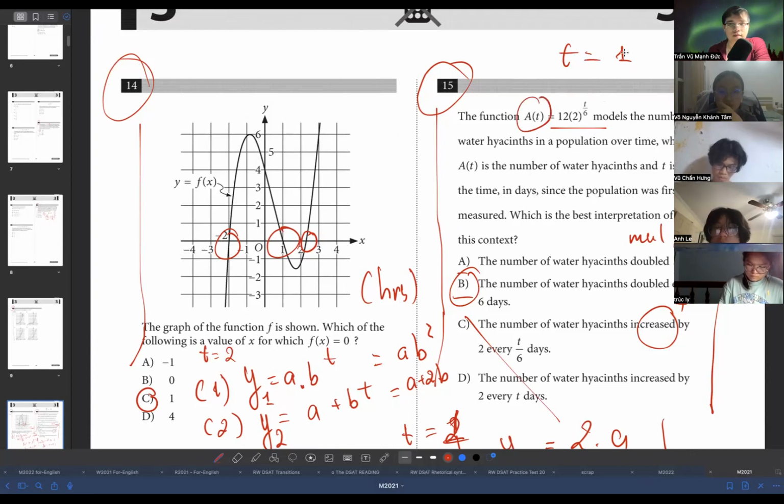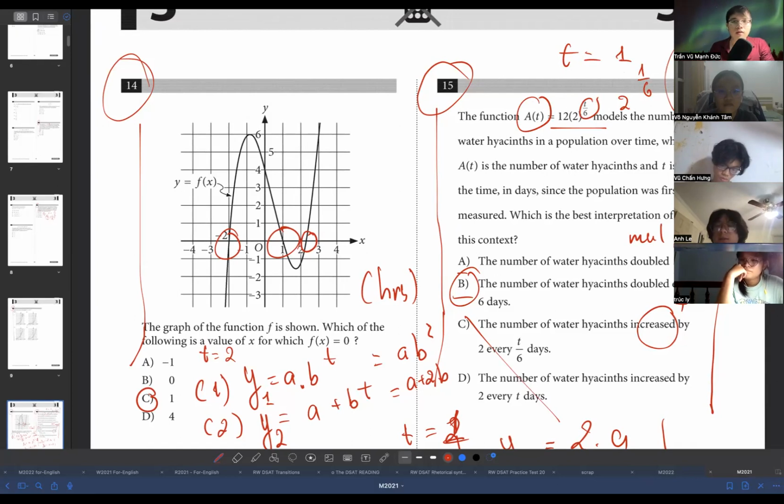Will A double if t is 1? If t is 1, this will be 1/6. So 2 to the power 1/6 is the sixth root of 2. Is it really double?